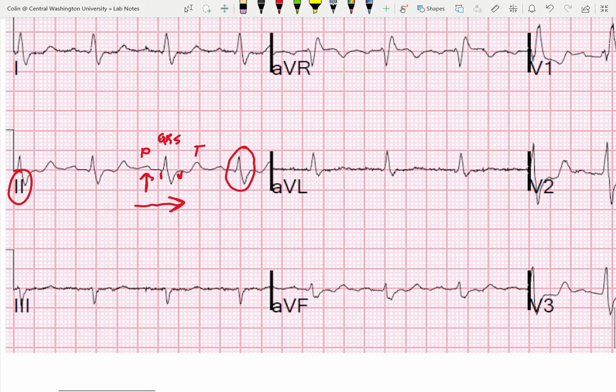There's a really obvious R wave, this part right here. And a really obvious S wave. What's not as obvious is the really tiny Q wave that we have there. See how there's a baseline and then it just goes negative just a little bit and then it goes positive? So in this case, we actually have a Q, R, and an S wave.